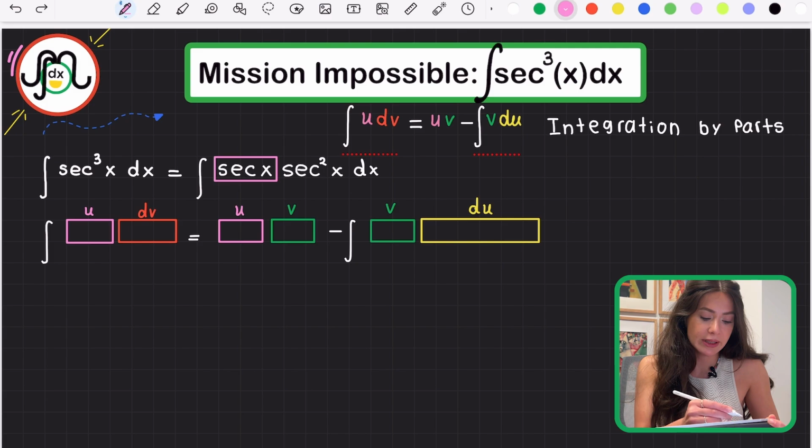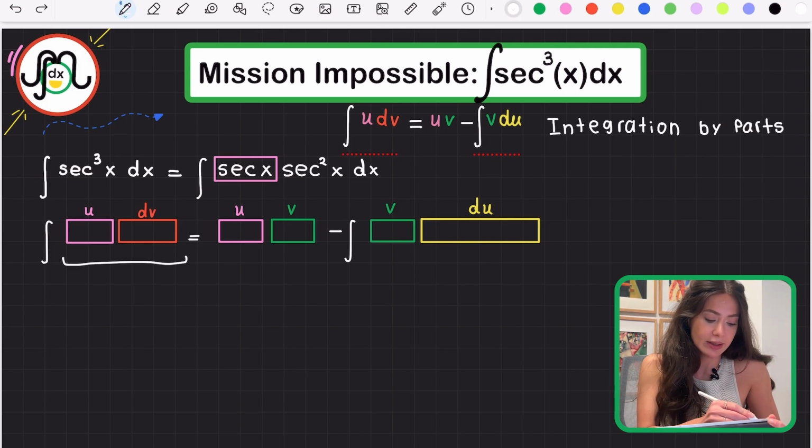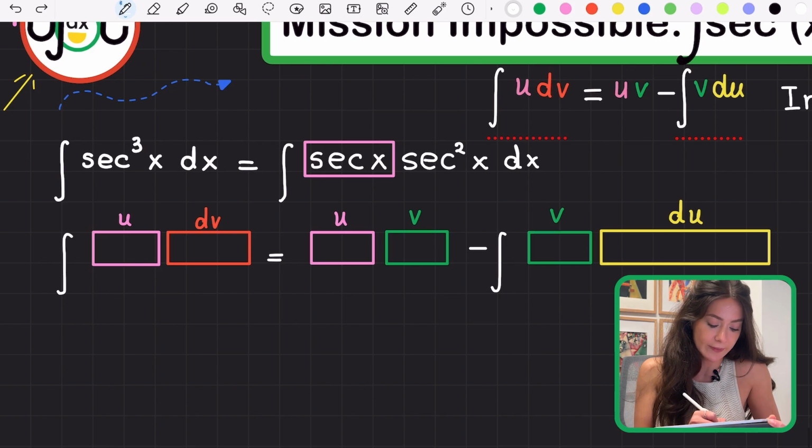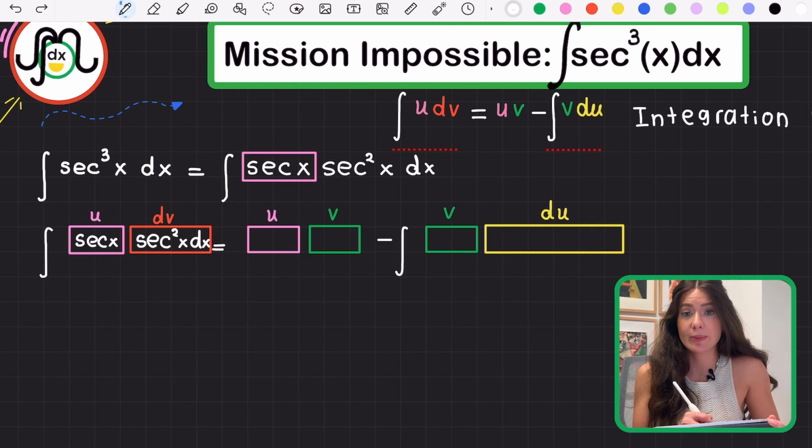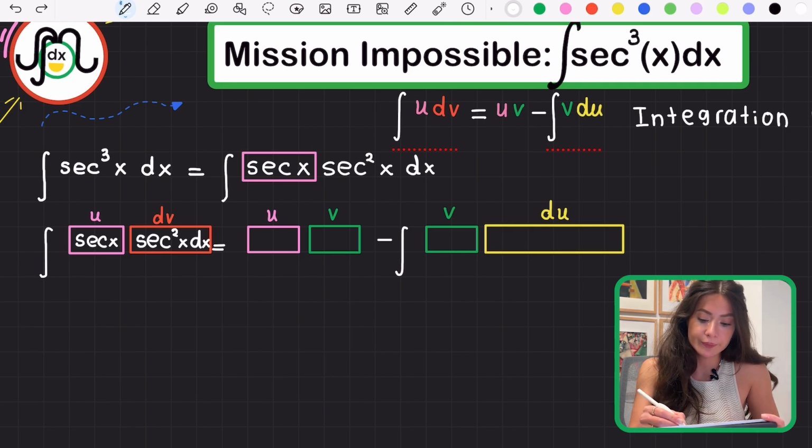So what this template is telling you is that this, up until here, is the problem that's given to you, right? What this template is telling you is that you have u, but v and du, you don't. So the first step of solving an integration by parts is finding v and finding du.